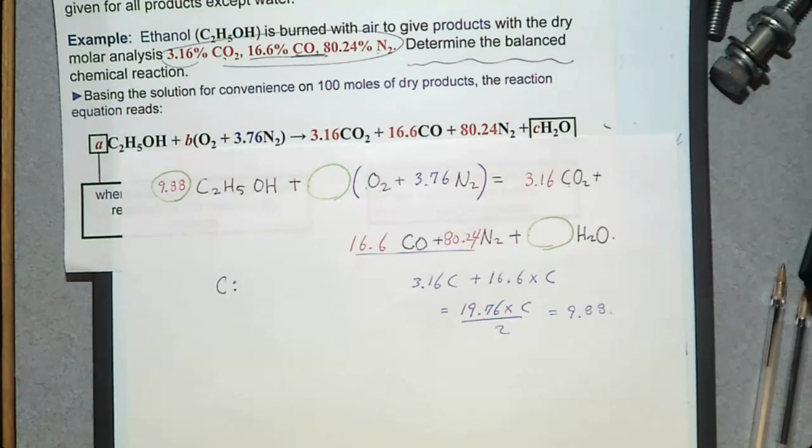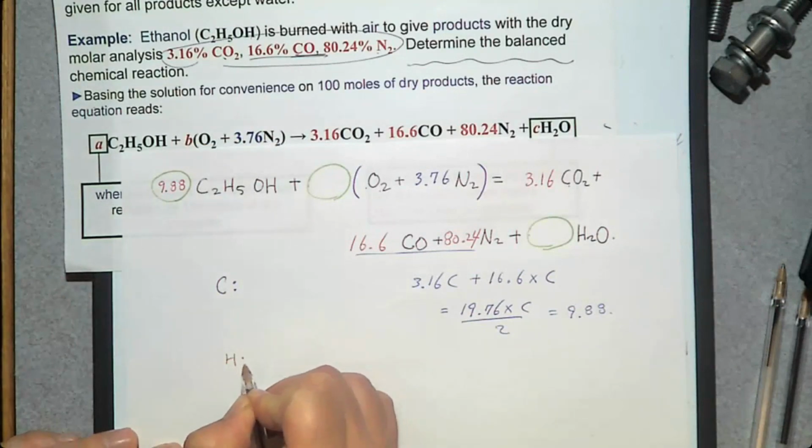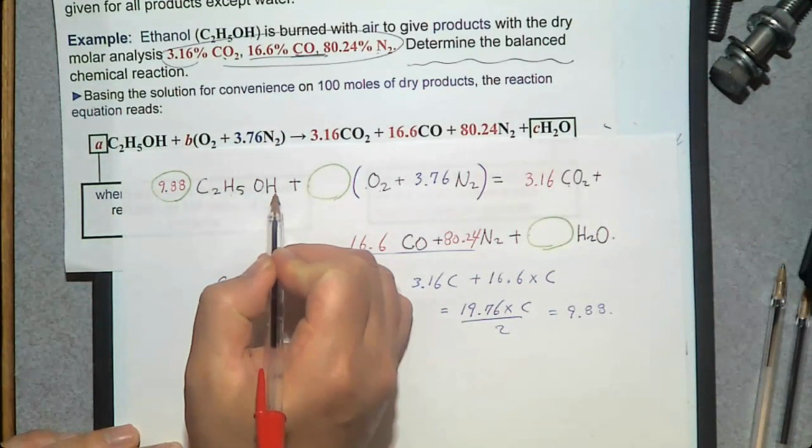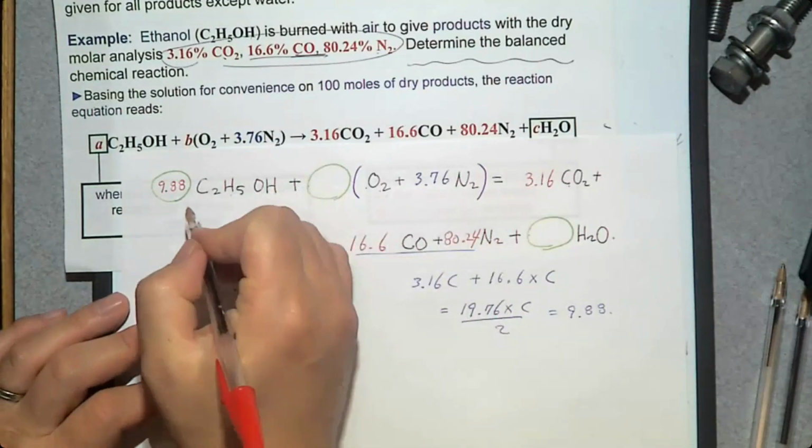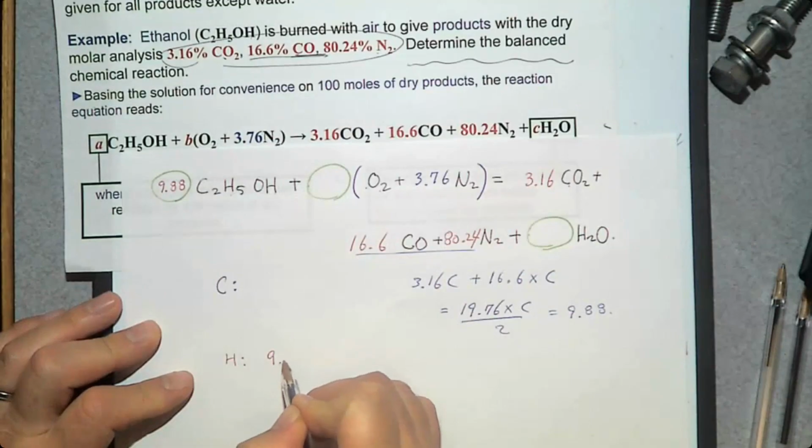Then what about hydrogen? We have 9.88, and how many hydrogen atoms in one molecule of ethanol? Let's talk about hydrogen. There are 6 hydrogen atoms in 1 molecule of ethanol, so 9.88 times 6.